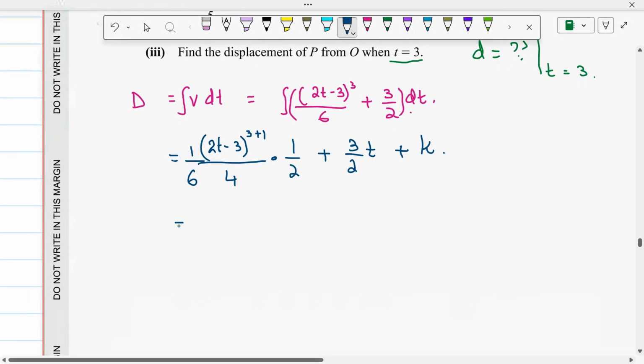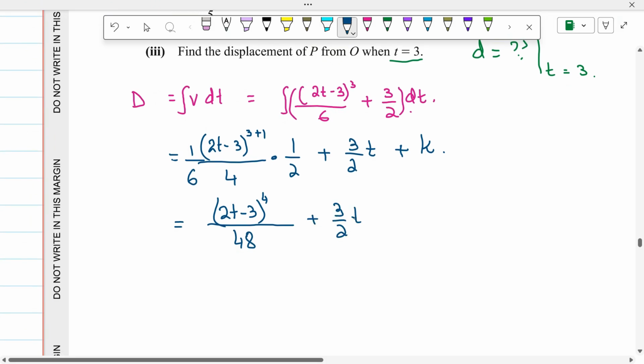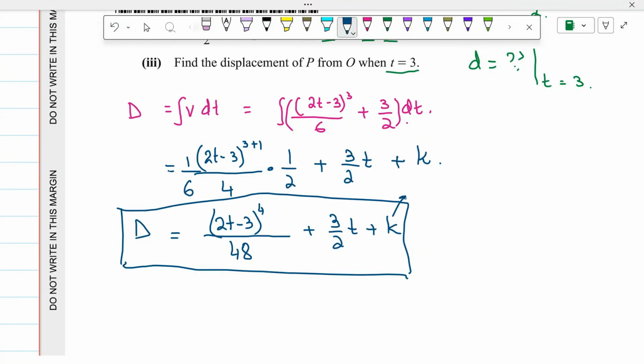So we can write: (2t minus 3) to the power 4 over 48 plus 3 over 2 t plus k. This is the expression for the displacement, but there is an unknown k. So we need to find the value of k.